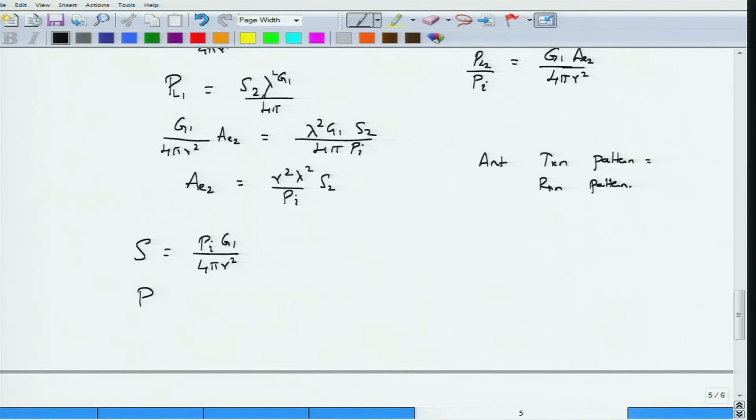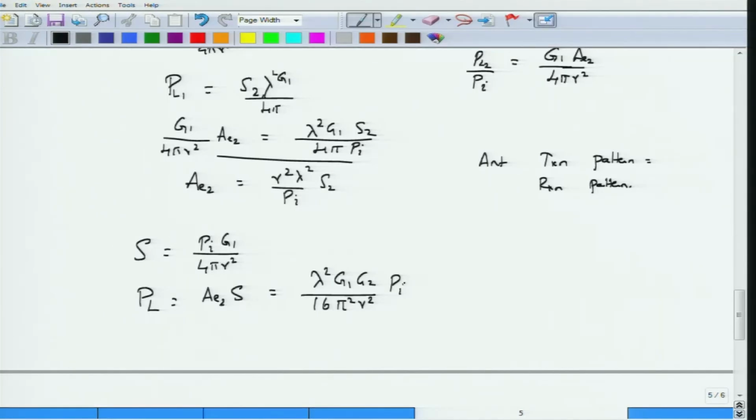So, the power dissipated in the load connected to the second antenna depends on the effective aperture of the second antenna times the power density incident on it. Substituting for the aperture AE2 from the expression over here, what you see is lambda square G1 G2 divided by 16 pi square r square Pi.